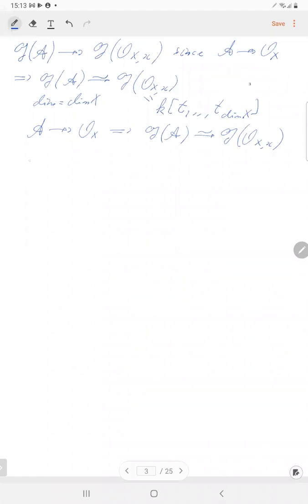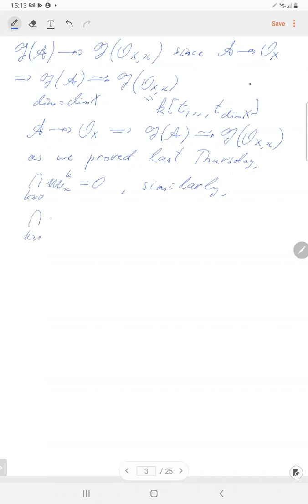And then just as we proved last Thursday, I think, the intersection of all maximal ideal powers in the local ring OX is 0, and similarly, the intersection of all powers of maximal ideal applied to A is also 0.